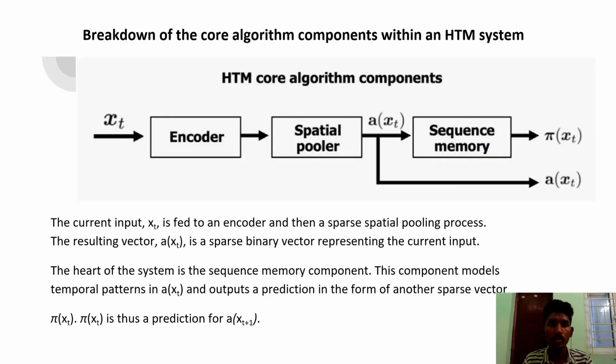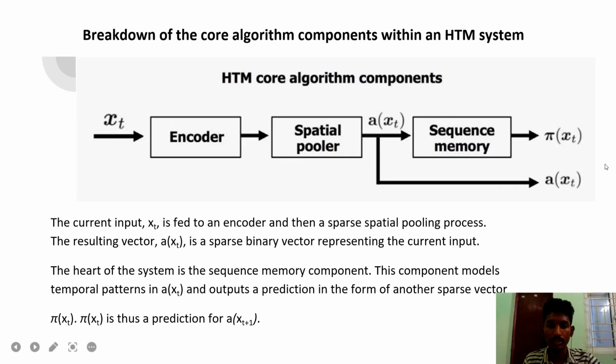Now let's discuss the breakdown of the core algorithm components within an HTM system. This figure shows the core algorithm components and represents a typical HTM system. The current input xt is fed to an encoder and then a sparse spatial pooling process. The resulting vector a(xt) is a sparse binary vector representing the current input.